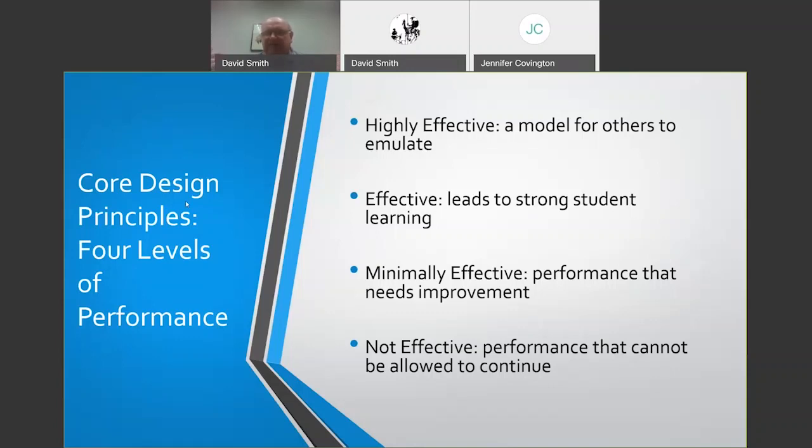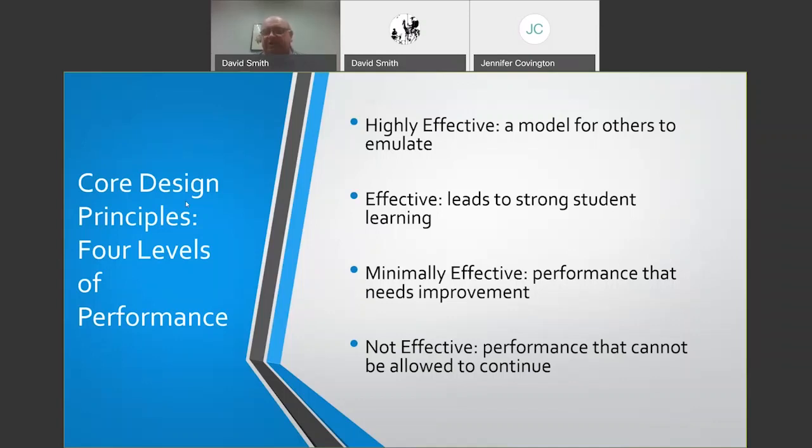Highly effective is going above and beyond what's expected of a principal. So effective, it's leading to strong student outcomes, you're doing a great job. If it's minimally effective, then that's performance that needs improvement. Then not effective, that's performance that cannot be allowed to continue.